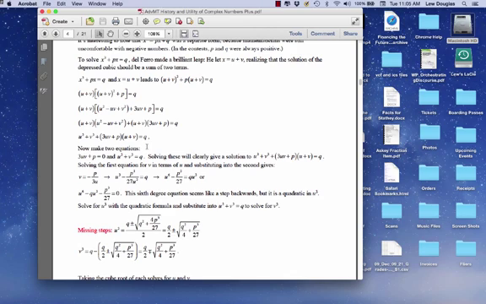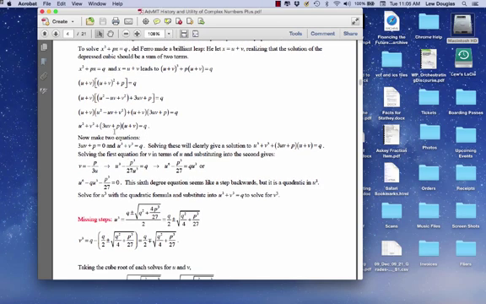And now he made two equations. He let 3uv plus p equals 0. And if that's the case, then u cubed plus v cubed equals q.